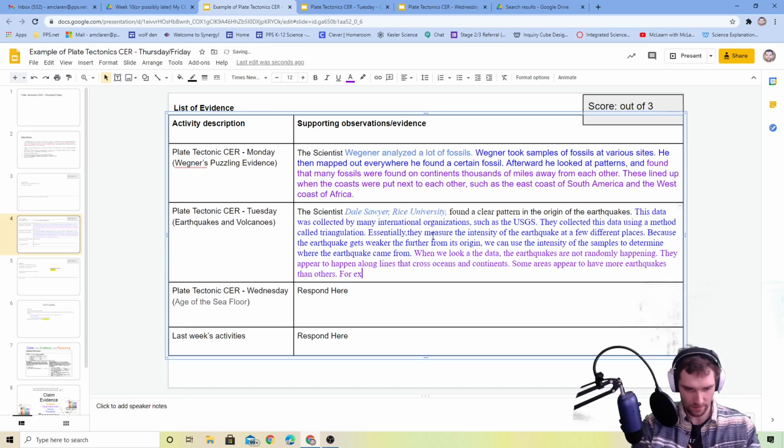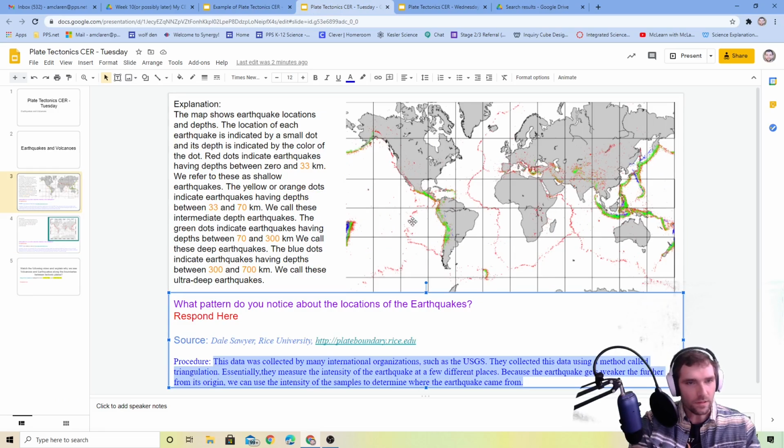For example, I'm seeing there's a lot of the blue dots. They're talking about these deeper earthquakes. They're showing the depth of the earthquakes, and you can see that there's some really deep earthquakes, and there's a whole lot of them. It looks like right around here and right there.